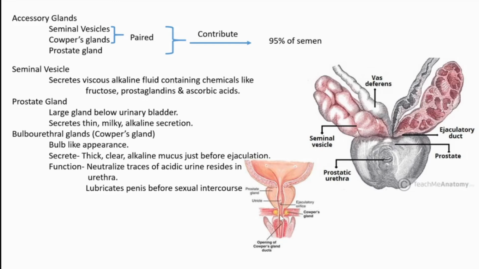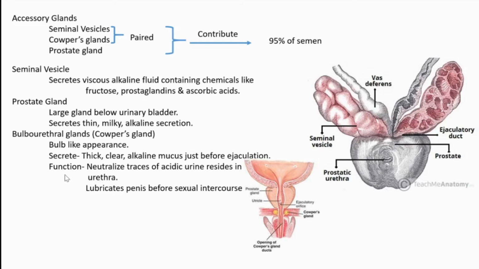And at the base of the penis is this bulbous gland. The bulbourethral gland has a bulb-like appearance. What is its role? It secretes a thick, clear, alkaline mucus just before ejaculation. Ejaculation means the expulsion of the semen from the penis.